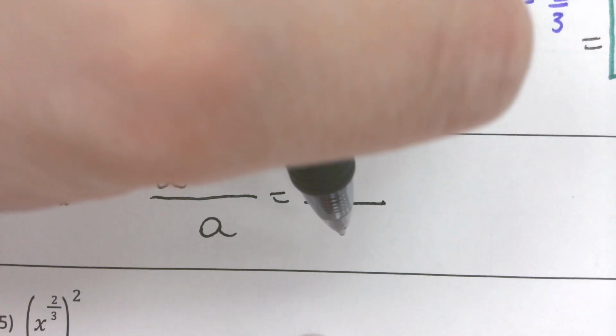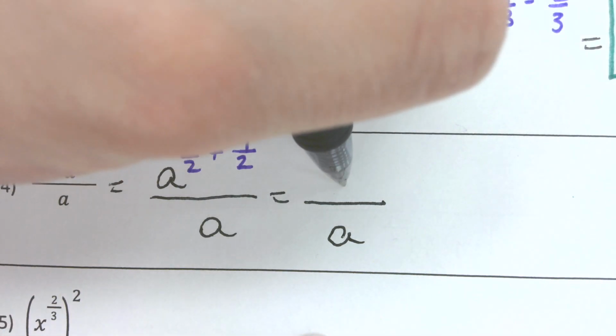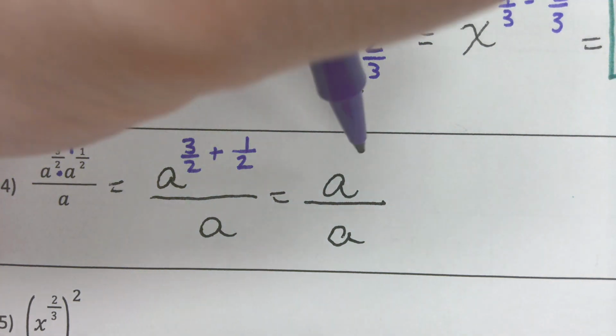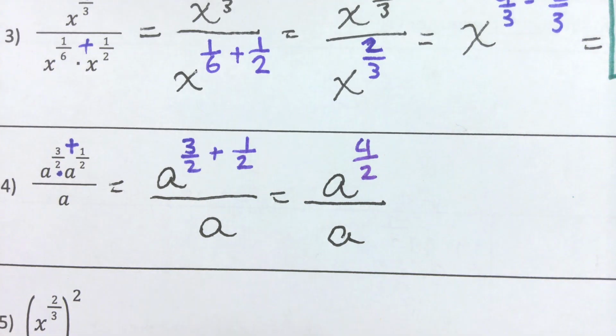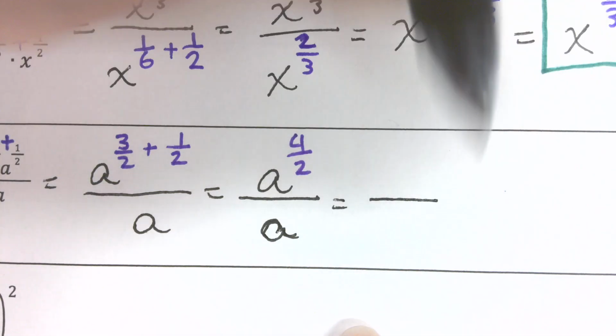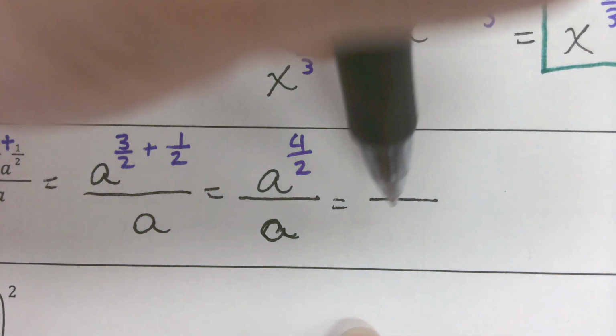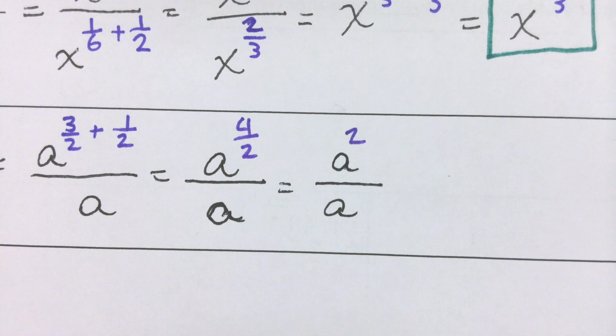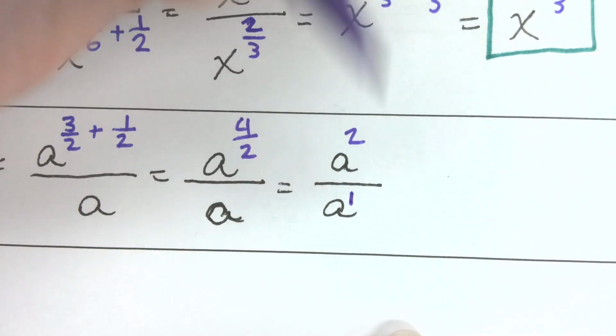Common denominator, so this one's going to be pretty nice. A on the bottom. On the top, we have 3 plus 1, that gives us 4/2. And since that divides nicely, I'll go one more step and turn that into a 2. And now we don't even have a fraction. On the bottom, acknowledge that this is A to the 1st.